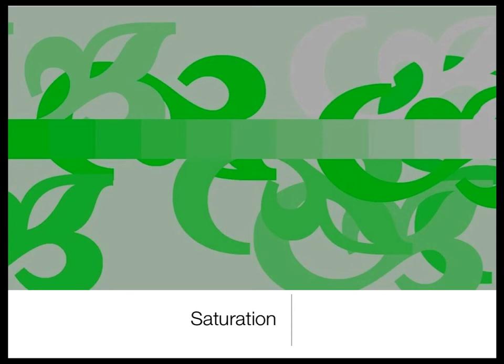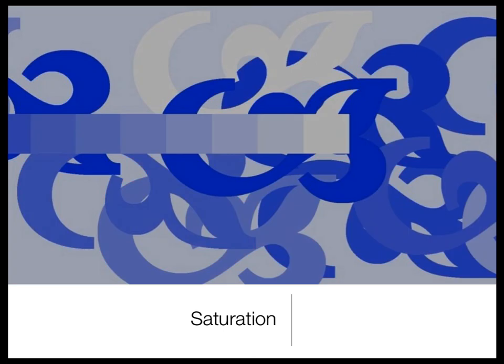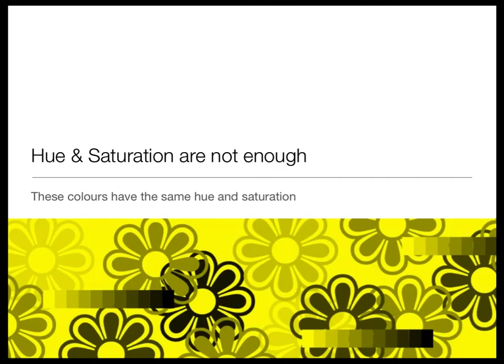Okay? Again here, just changing the saturation of the color. Now, it turns out that hue and saturation aren't enough. You need one more variable, one more way to describe it. So all these things here have the same hue and saturation.